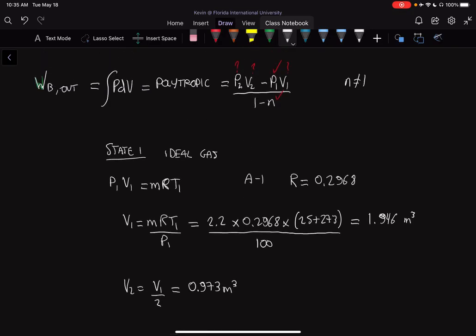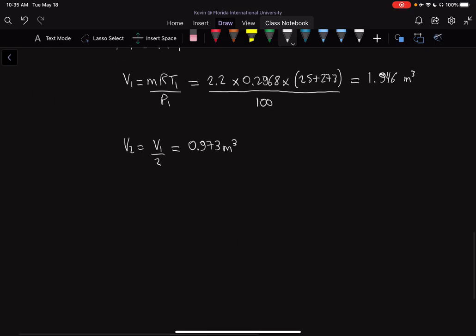We're left to find P2. In order to find P2, we can do it a couple of ways. We have to figure out P2, and we don't really know temperature 2. So we have two equations. We know that P2V2 is equal to mRT2, and we also know that P1V1 to the 1.3 is equal to P2V2 to the 1.3.